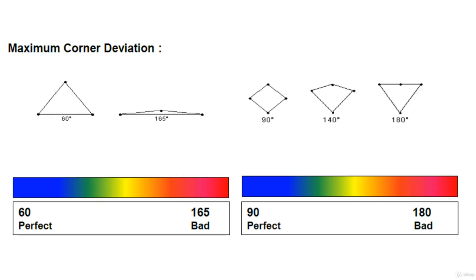Likewise, for a 4-sided element, it ranges from 90 to 180. To get a good mesh, you need to aim for a value very near 60 for a 3-sided element, and for a 4-sided element the value should be near the 90 mark.